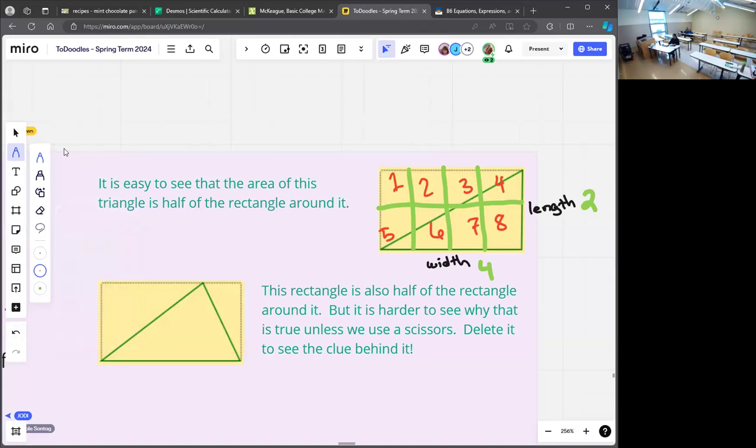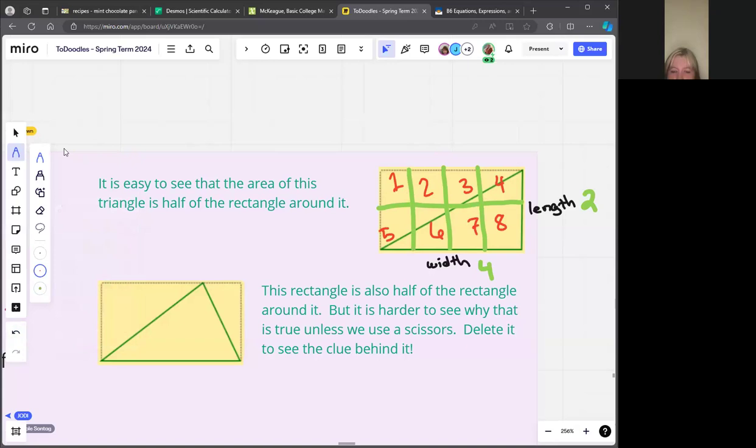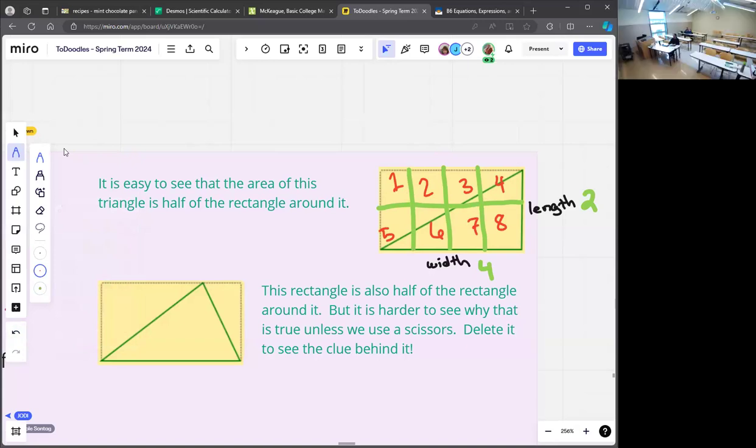Everyone okay with having 8 pieces there? Yeah. So think of these as like tiles on the bathroom floor or something. If it was 2 feet in one direction and 4 feet in the other direction, each of these tiles is 1 foot by 1 foot, and it takes 8 of them to cover the floor.